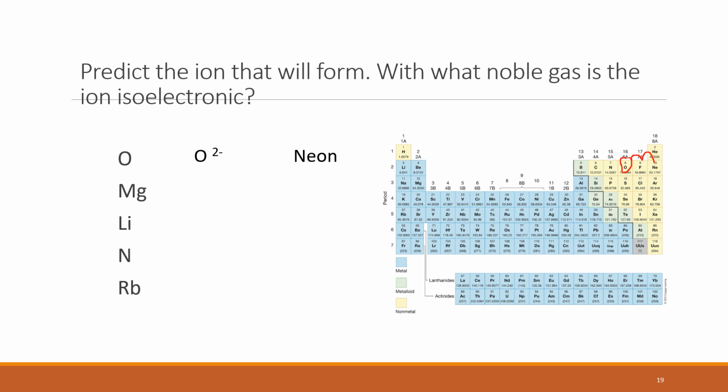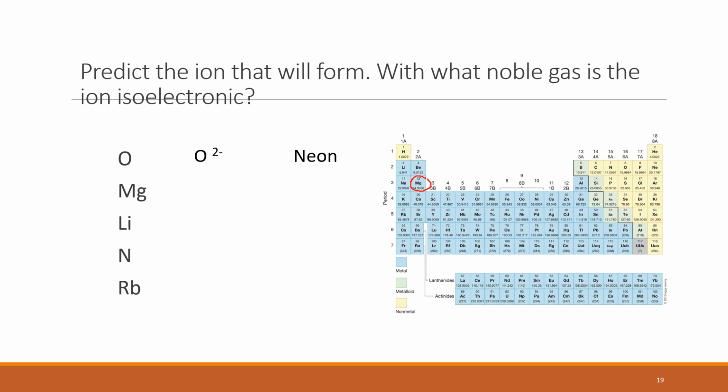Now let's look at magnesium. So what is magnesium going to do? Magnesium is an alkaline earth metal in group 2. What charge does magnesium usually like to form? The ion that it usually forms is magnesium with a +2 charge, because metals like to lose electrons to become positive. So when it forms that +2 charge, it's losing 2 electrons, so we go backwards instead of forward.